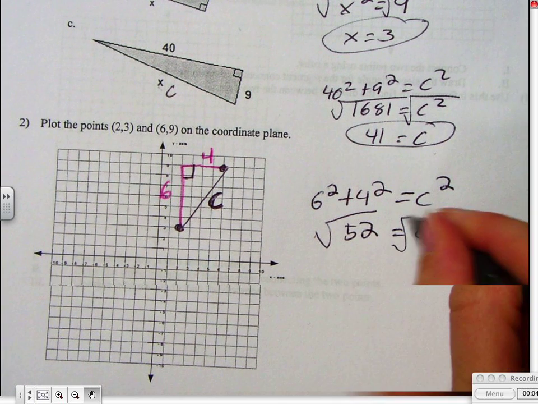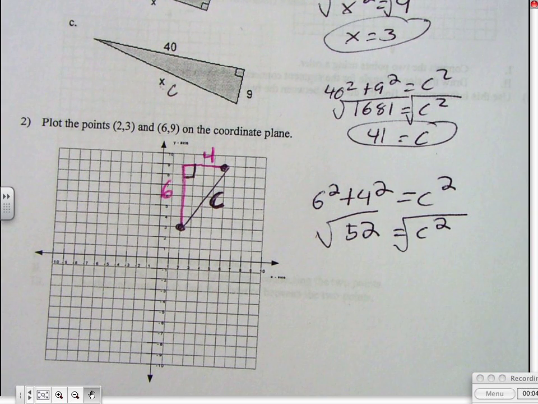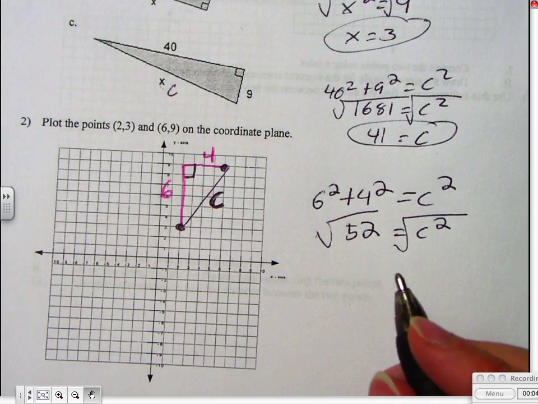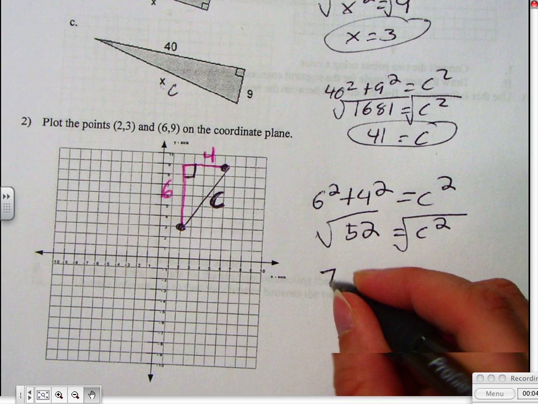Then we're going to square root each side. And let's round to at least 2 decimal places.